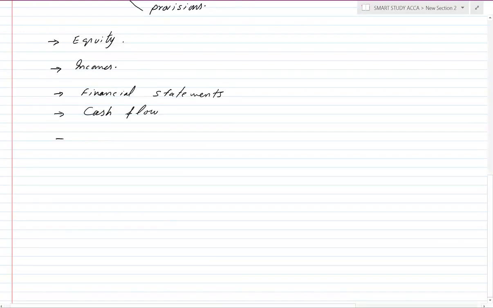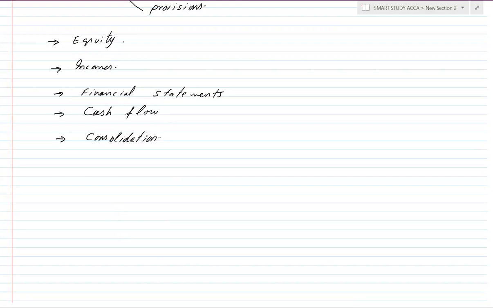After that, we will move towards the group accounts. If there are more than one companies within a group, how to prepare the financial statements, consolidation. We will move towards the consolidation, also called group accounts.